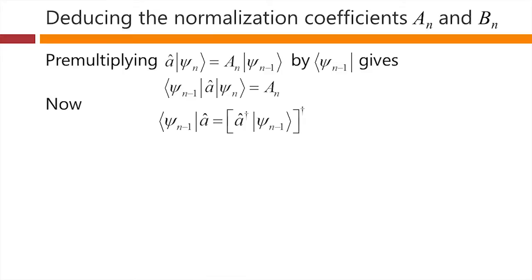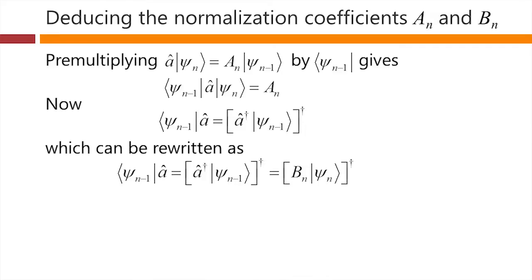Now, psi n minus 1 with A is just the Hermitian adjoint of A dagger psi n minus 1. Remember, when we take a Hermitian adjoint, we take the flipped-round product of the Hermitian adjoints. And we can rewrite this expression as the Hermitian adjoint of Bn psi n, because A dagger psi n minus 1 is Bn psi n.